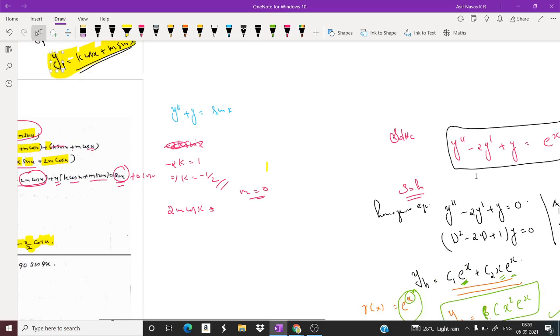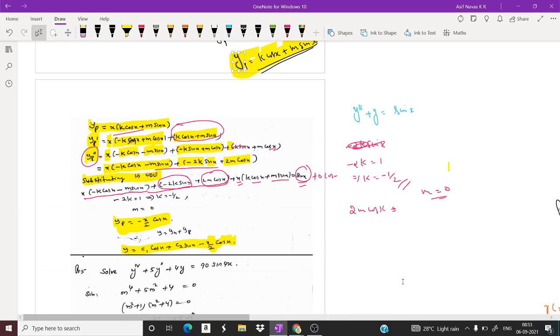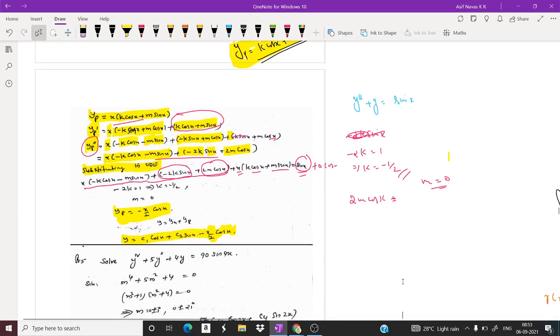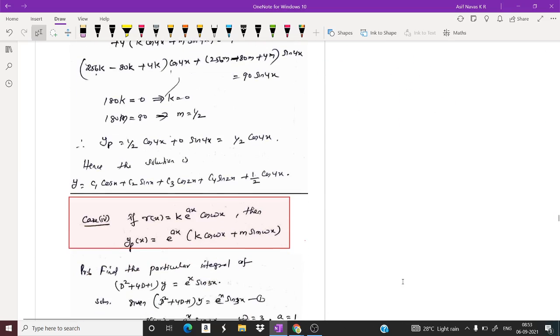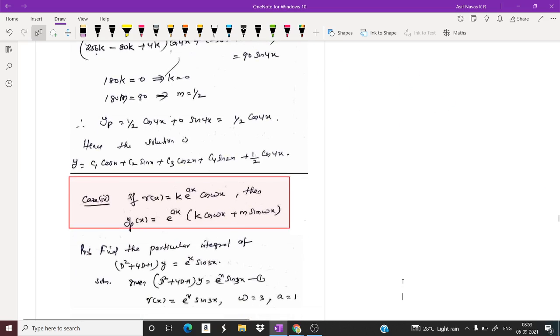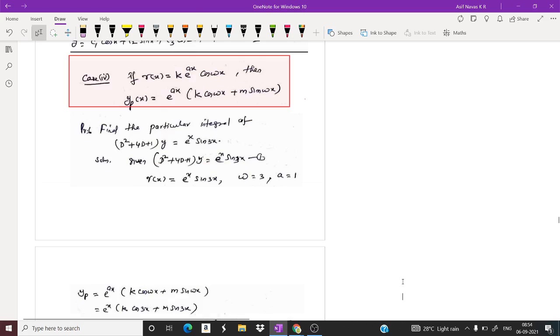Next type of solution is the fourth case.